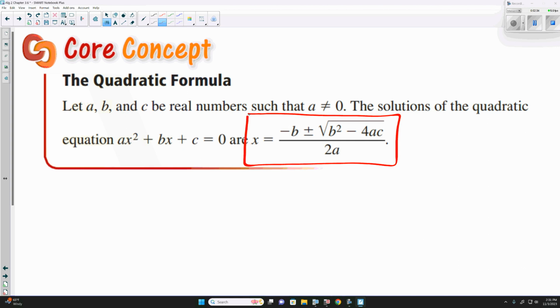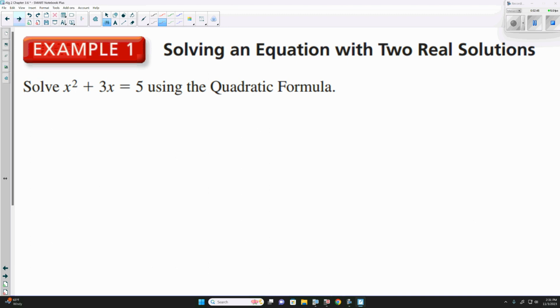And the other part of it is making sure that the equation equals 0. Now I can go more into doing this, but I think it'll be better just to see how one works.